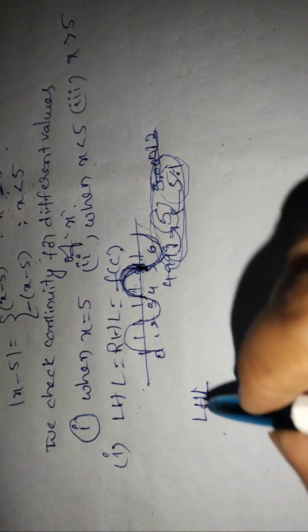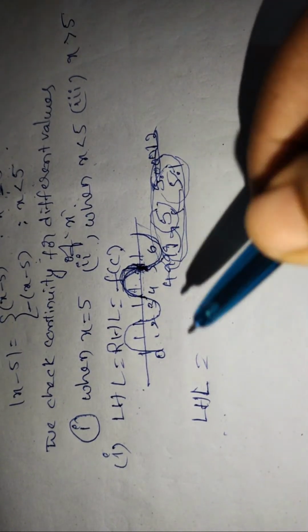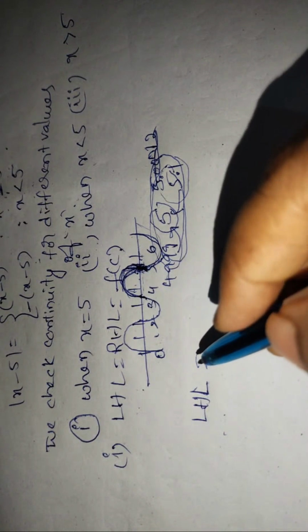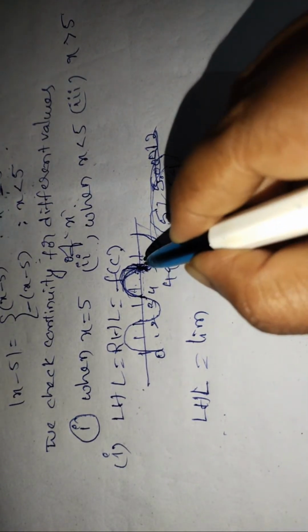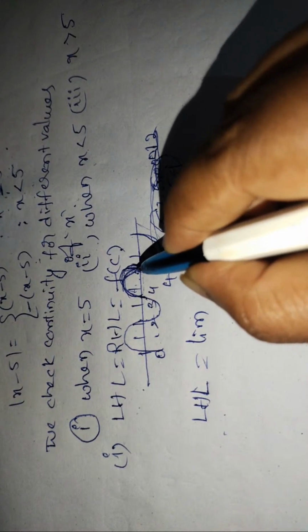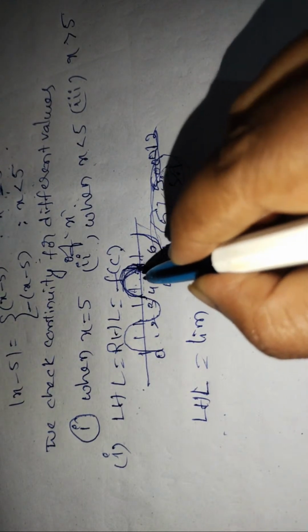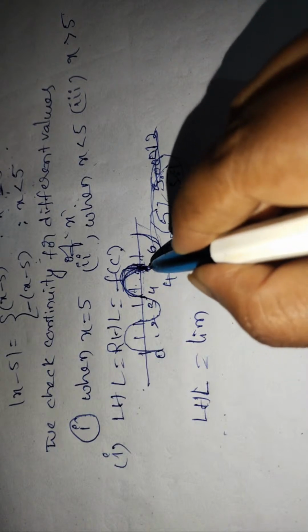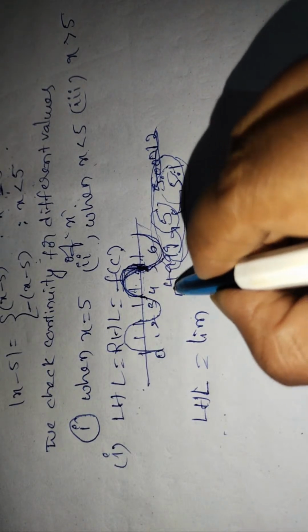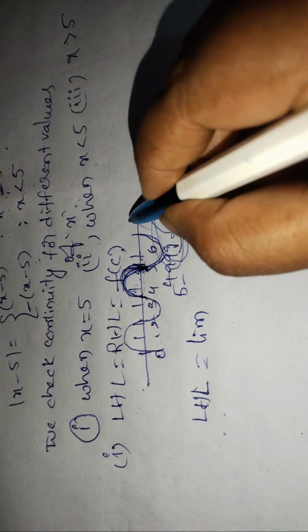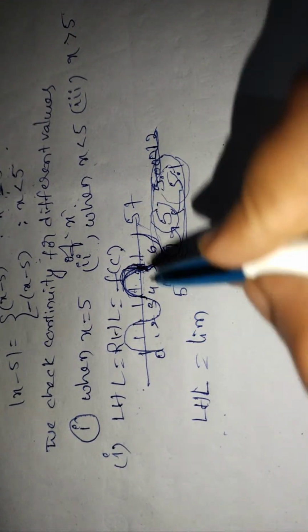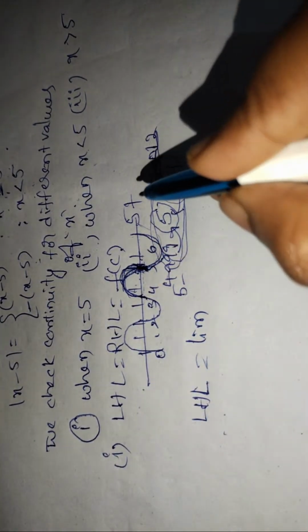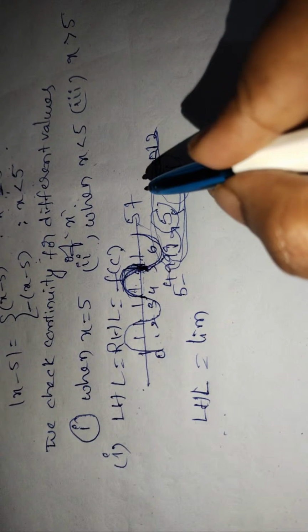So I will write the LHL formula: limit, for 5, what is the LHL value? The left hand side value is 5 minus, correct? 5 before is 5 minus, 5 after is 5 plus. Keep in mind, 5 before means less than 5, 5 minus; after 5, more than 5, so that's why 5 plus.